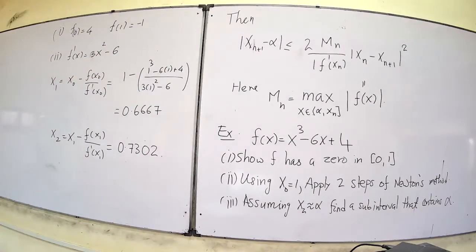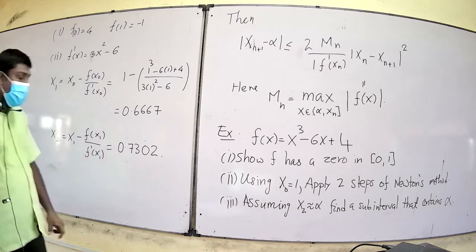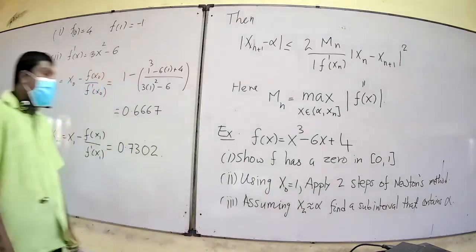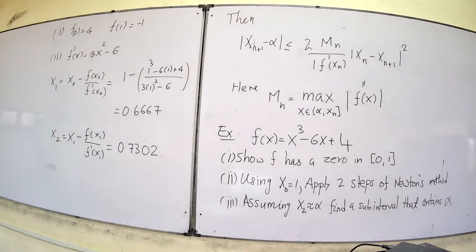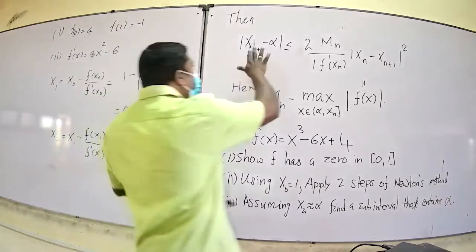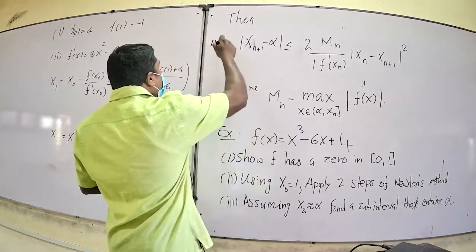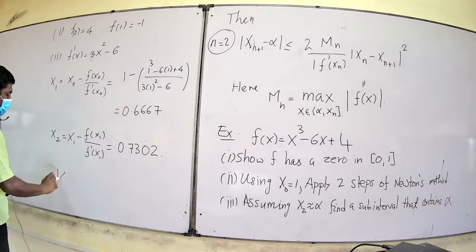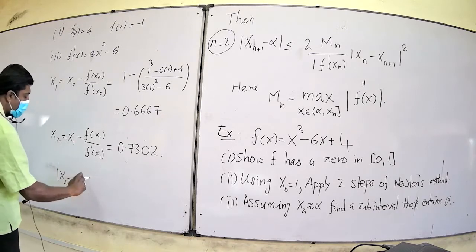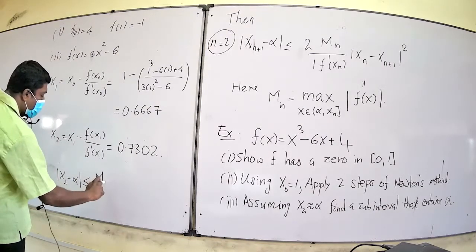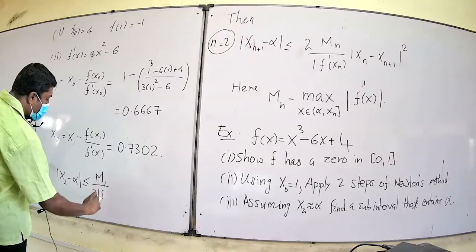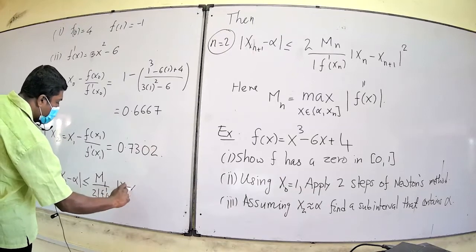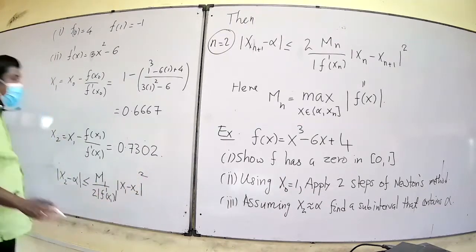Now comes the third part. They ask you to find a subinterval that contains alpha, assuming that x2 is the approximation, right? So in here, if you put n is equal to 2 here, this is what you are going to get: x2 minus alpha is less than or equal to m1 over 2 times f prime of x1 times x1 minus x2 squared.